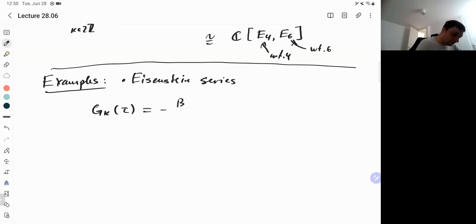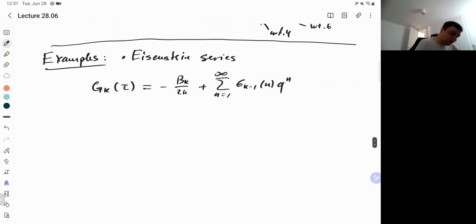So it's a function with the following Fourier expansion. I want to explain what these numbers are. So sigma_s of n is just the sum of s-th powers of divisors of n, and b_k are Bernoulli numbers.